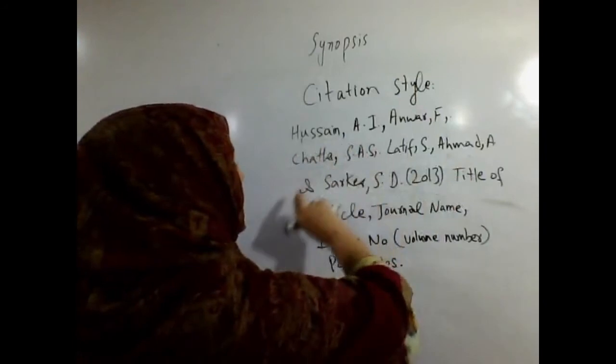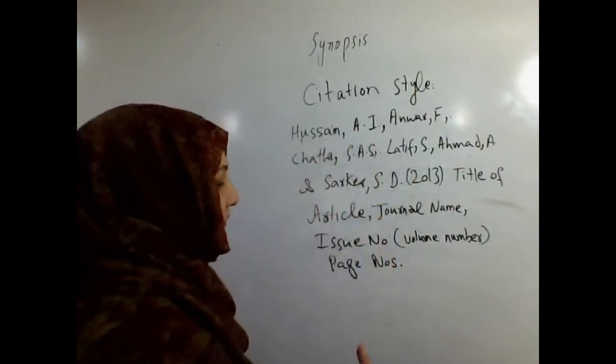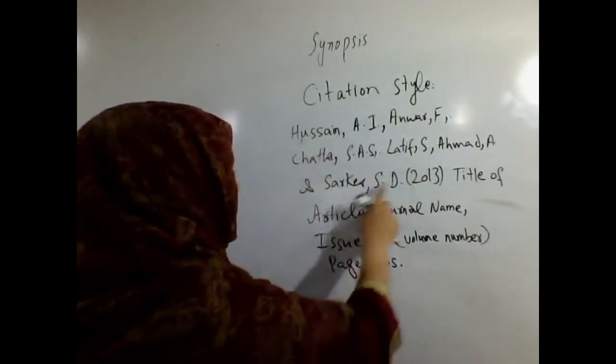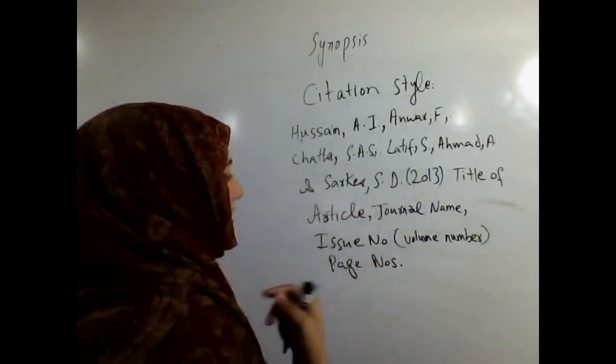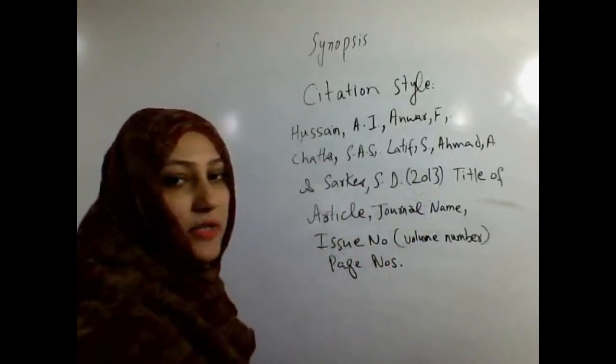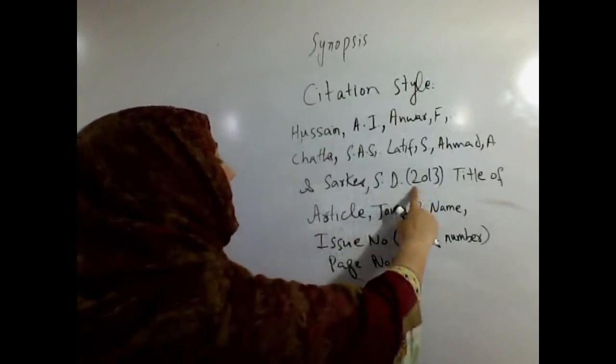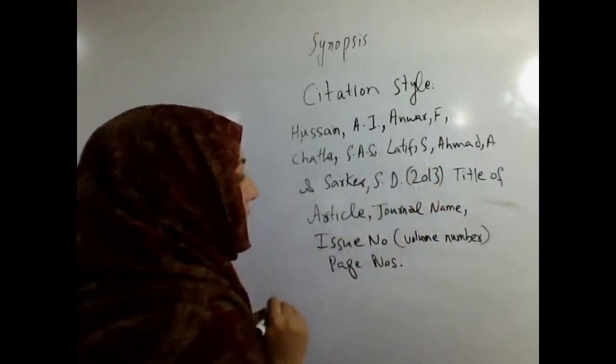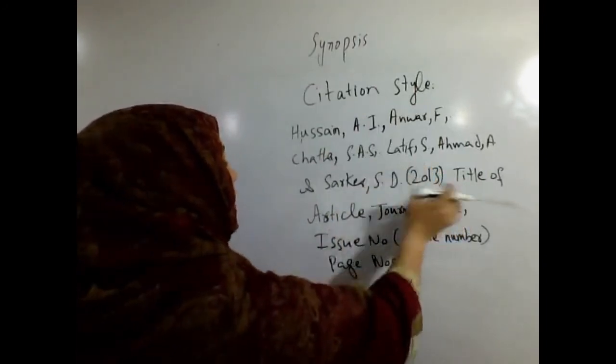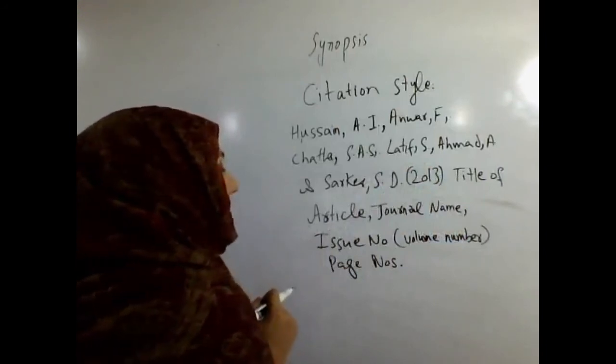Similarly, this is the reference style for the GCUF. Then after the writing of all the authors of this article, you have to give the year of publication, and then after that the title of the article and the journal name.